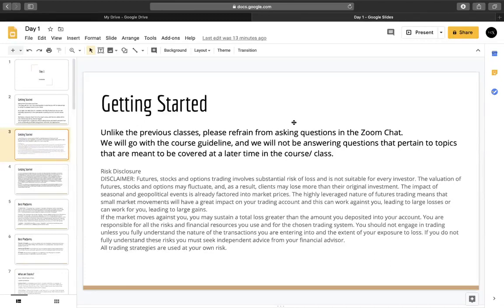Risk disclosure. Disclaimer: futures and options trading involves substantial risk of loss and is not suitable for every investor. The valuation of futures and options may fluctuate, and as a result, clients may lose more than their original investment. The impact of seasonal and geopolitical events is already factored into market prices. I'm just reading the disclaimer, okay?